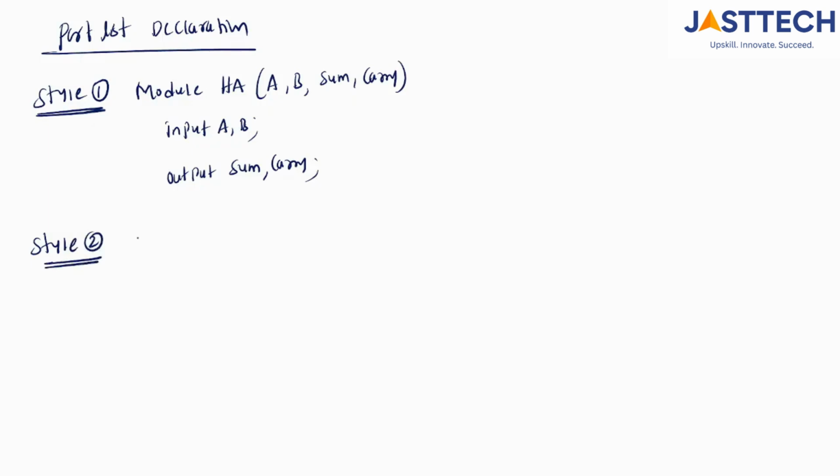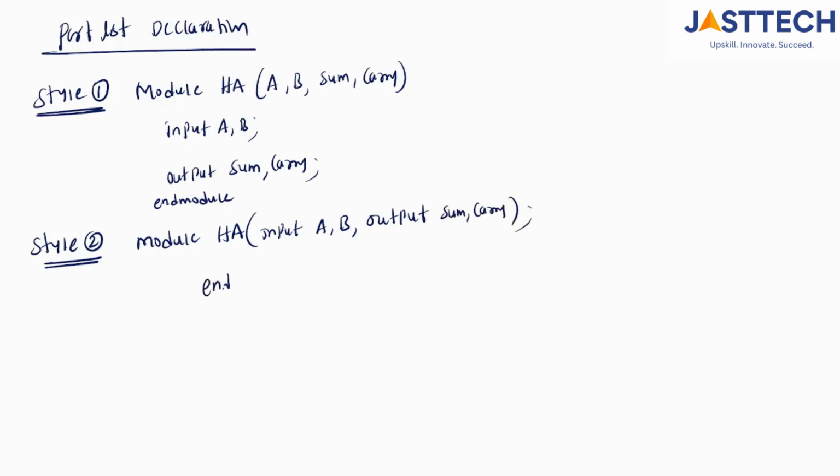Style two is module HA, where I can declare the inputs and outputs within the bracket itself. Input A comma B and output sum comma carry, and end module.